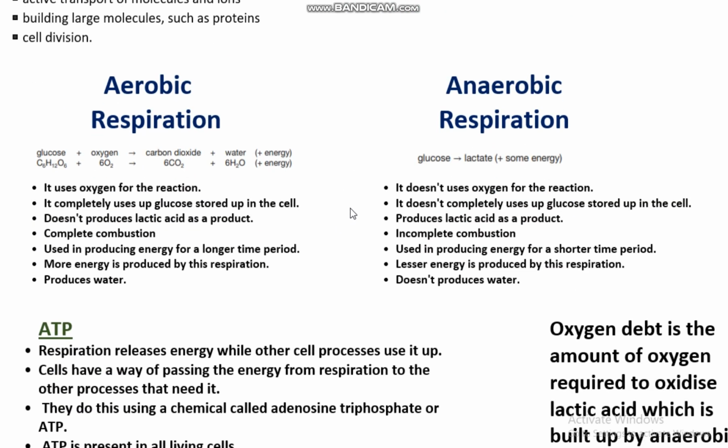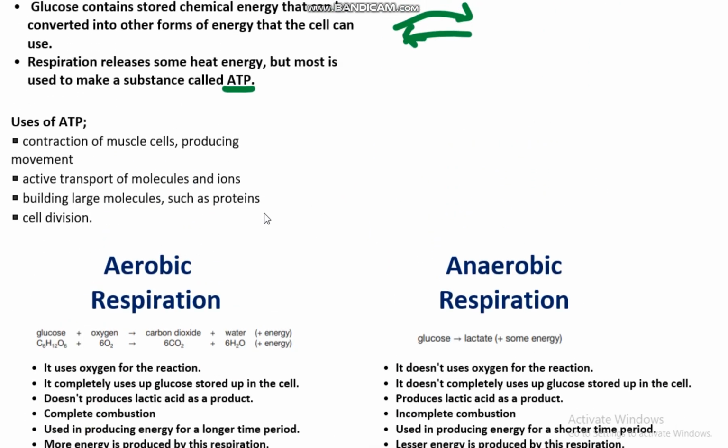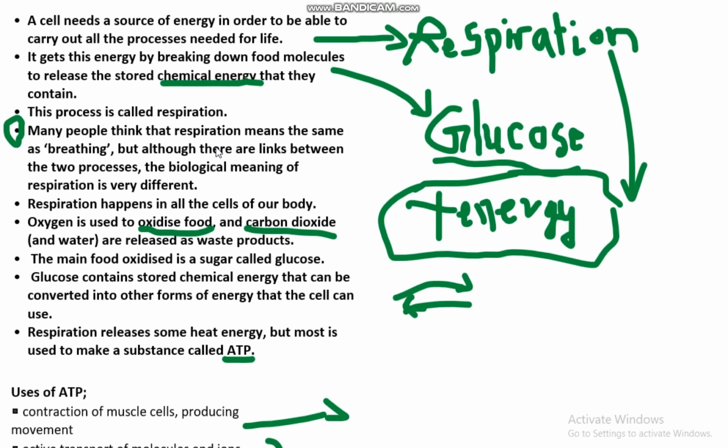The uses of ATP are many. There are four main uses: contraction of muscle cells producing movement, active transport of molecules and ions, and building large molecules such as protein. These processes we will talk about later, and they require the same energy created in this reaction.